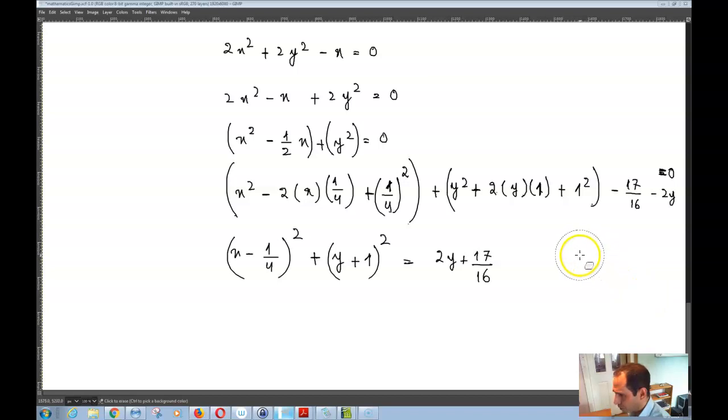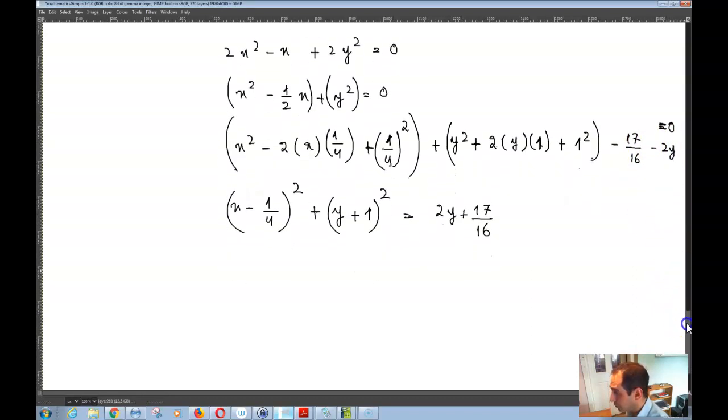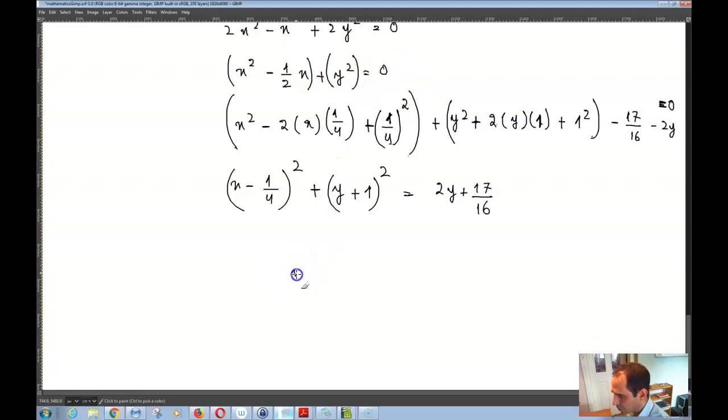But basically, there is something else that I can do to get rid of this 2y over here. If you have, for example, y squared, I can write this as y squared plus 2 times, for example, 1 by 2 times a times b. So basically the formula is a squared plus b squared plus 2 times ab.